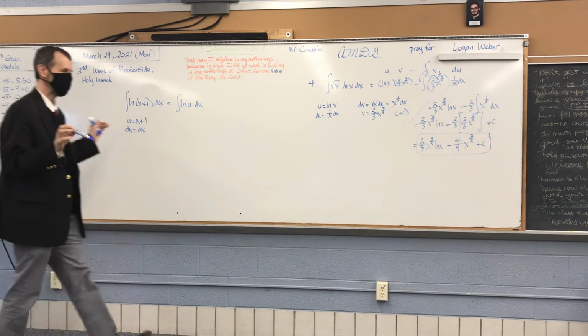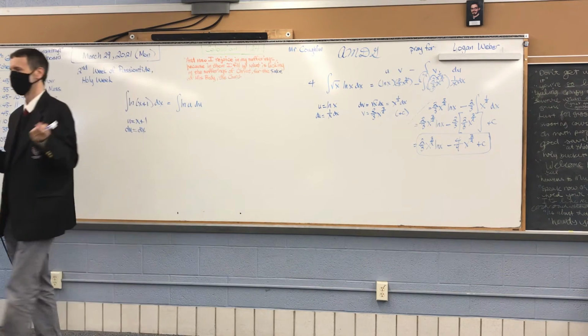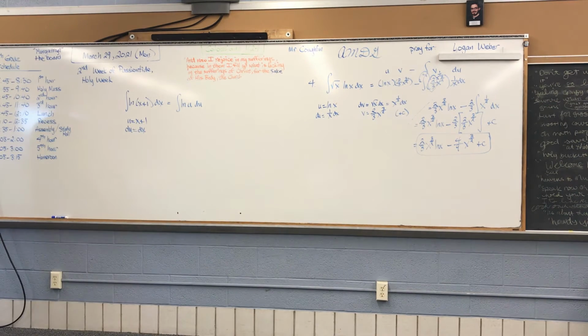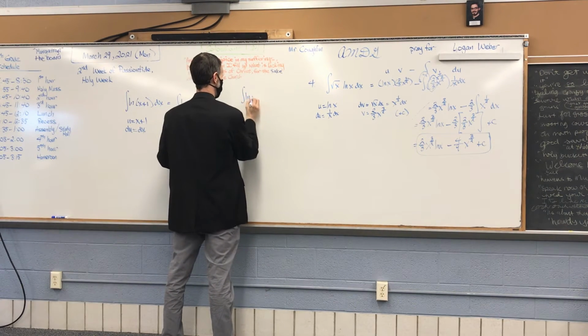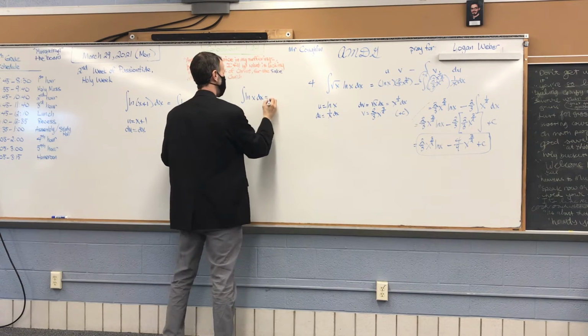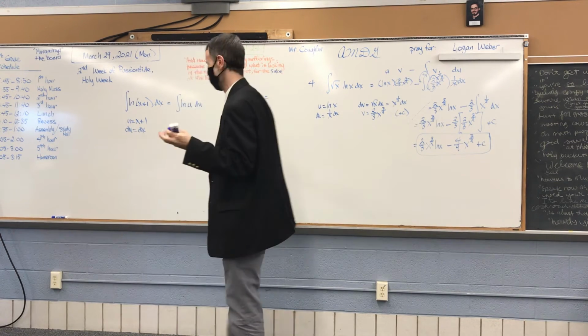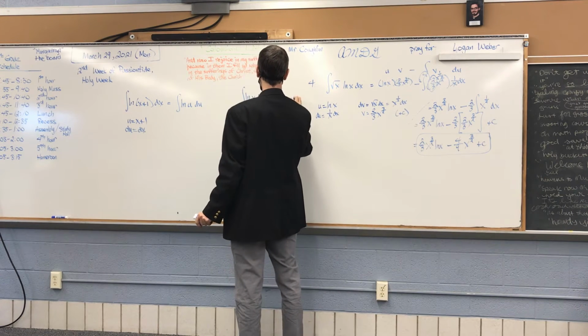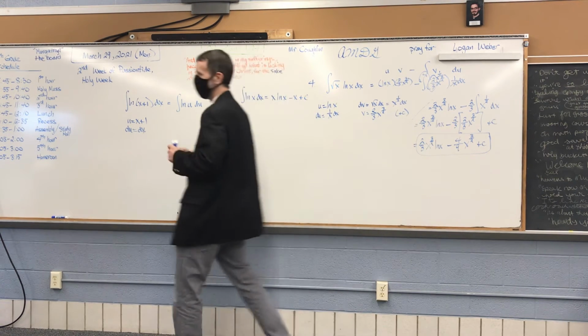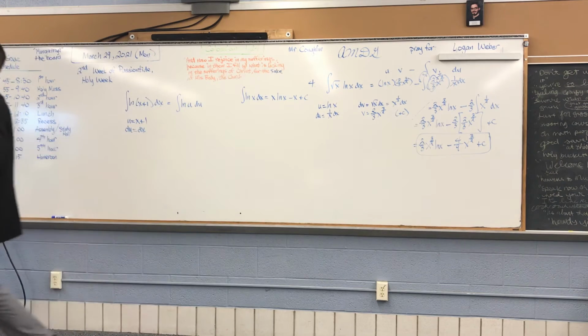Now, if you happen to know what the answer to that is, I'm not 100% sure if anyone remembers this. The integral of ln of x dx. We had to do integration by parts in order to get this done. It was x ln of x minus x plus c. If you want to memorize that, that might come in handy.